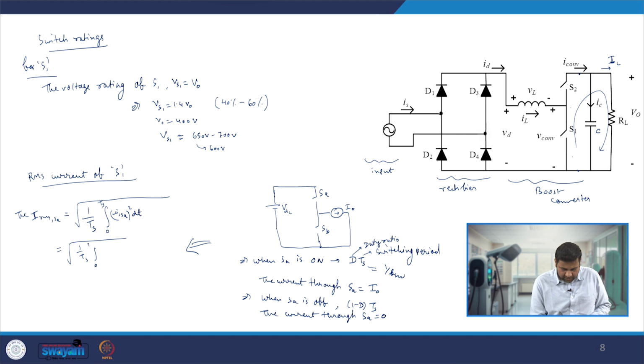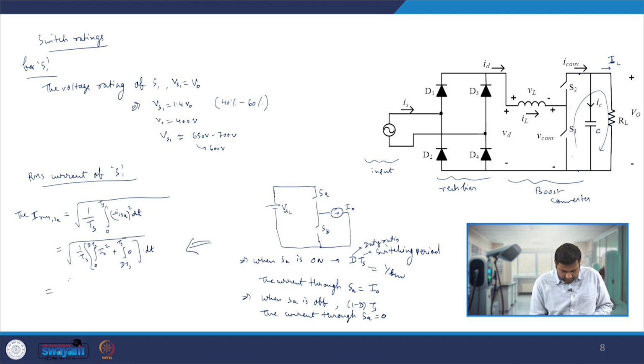From 0 to dTs, the SA takes I naught current, so this is I naught square, plus dTs to Ts, the remaining portion, it is nothing but 0, because during the 1 minus dTs period it is carrying 0 current, times dt.